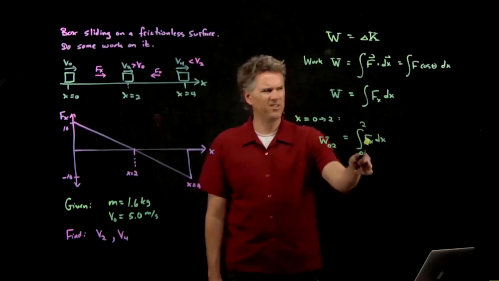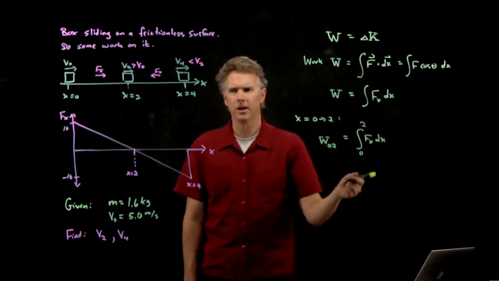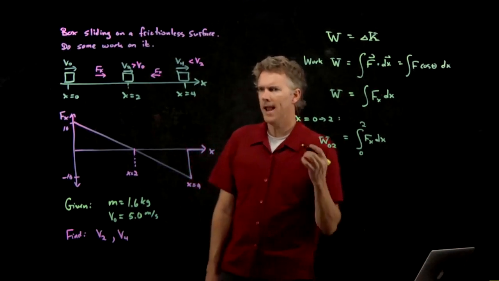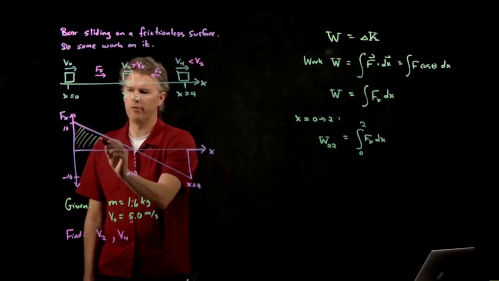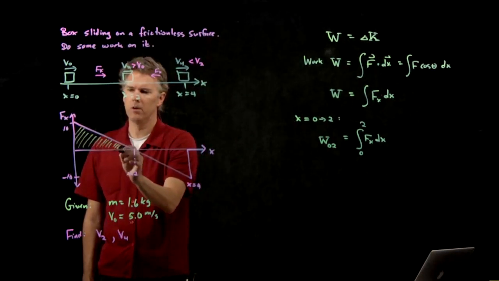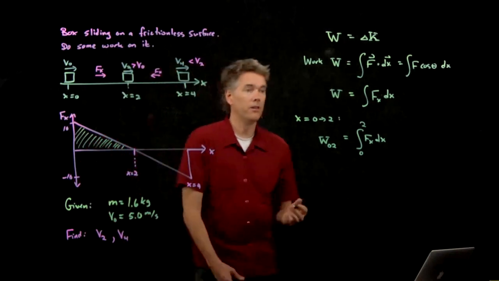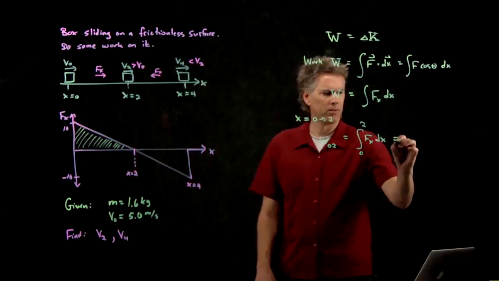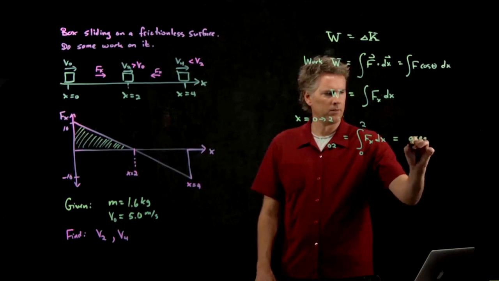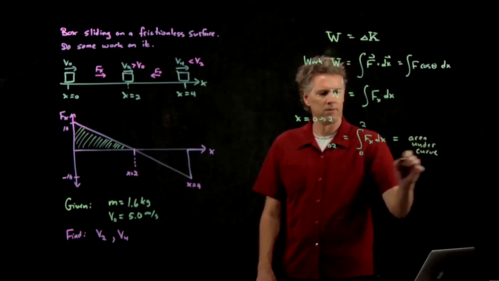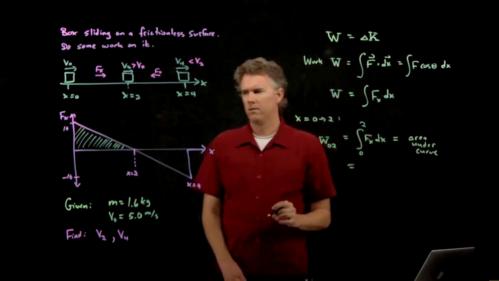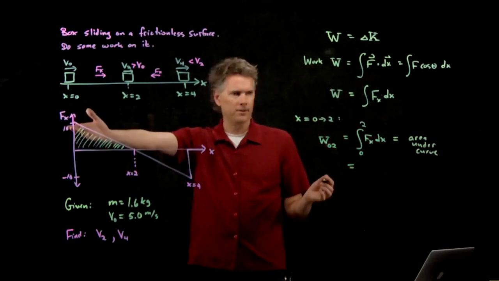So what is an integral? What's another way to think about an integral? Area under the curve. So we could either figure out what that functional form is and do an integral, or we could just say, this is the area under the curve. Which in this case, it's just a triangle, right?